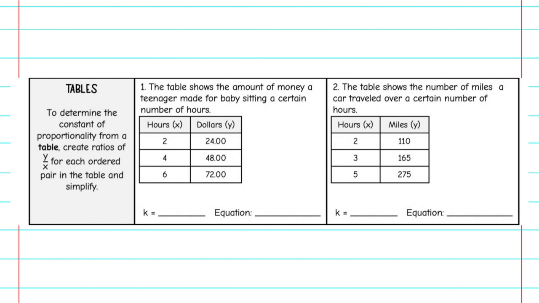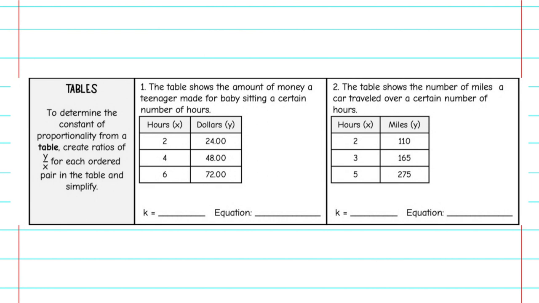So here are some examples. With a table, to determine the constant of proportionality from the table, create a ratio of y over x for each ordered pair and then simplify. Number 1 says, the table shows the amount of money a teenager made for babysitting a certain number of hours.